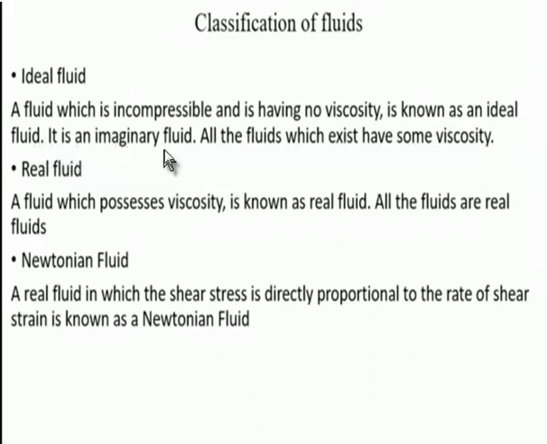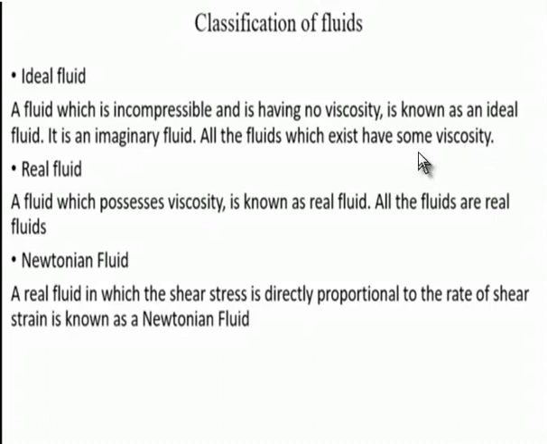But it is an imaginary fluid. What is this imaginary fluid? The ideal fluid is one of the imaginary fluids. Whatever fluid exists in this universe, all are compressible, and all fluids will have viscosity. That's why the ideal fluid is an imaginary fluid. All the fluids which exist in our universe will have some viscosity.